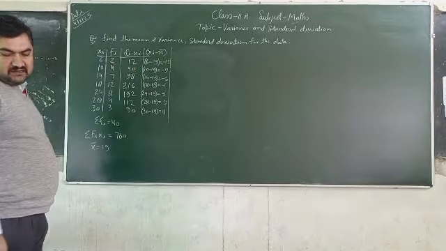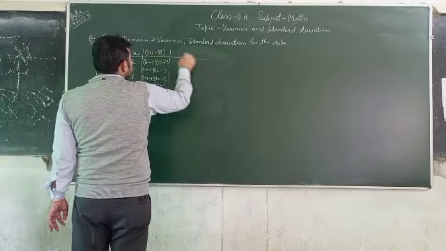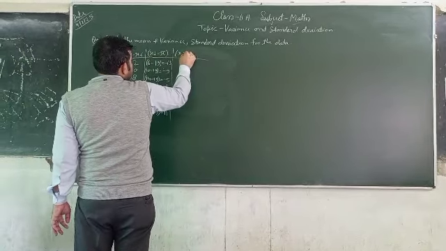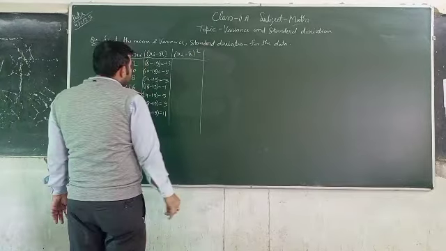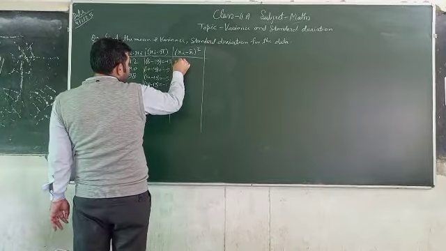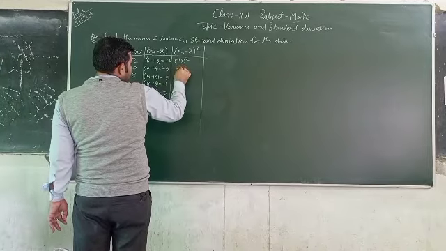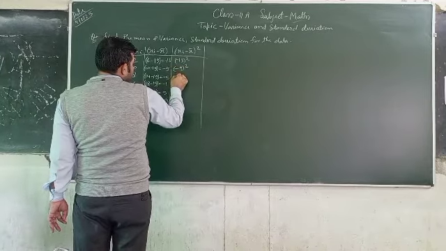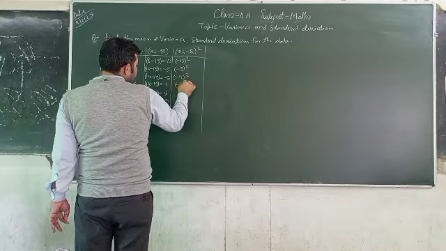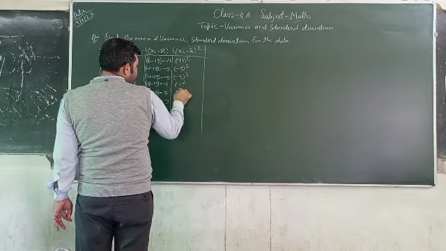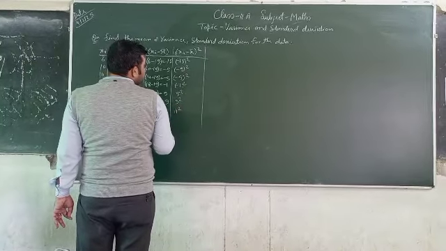These are the differences. The next column is the square of xi minus mean: minus 13 squared, minus 9 squared, minus 5 squared, minus 1 squared, 5 squared, 9 squared and 11 squared.